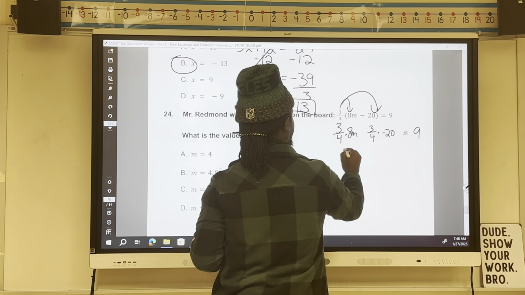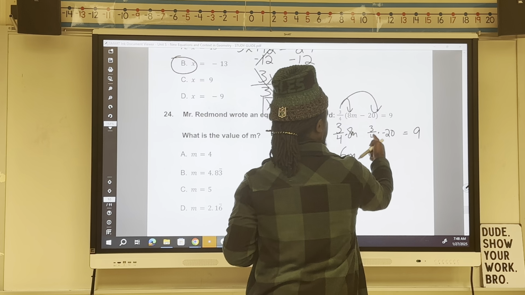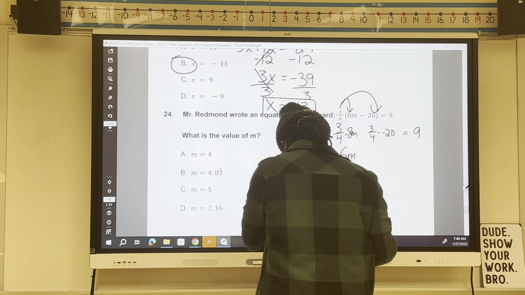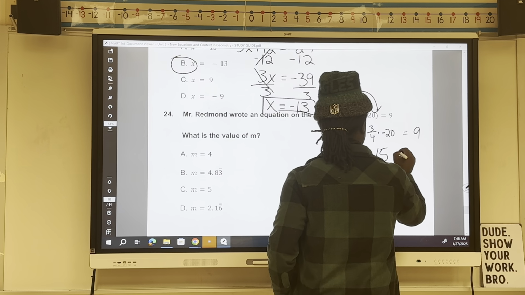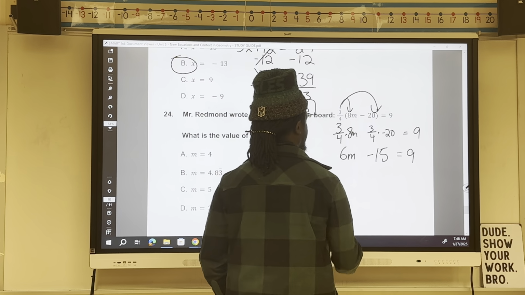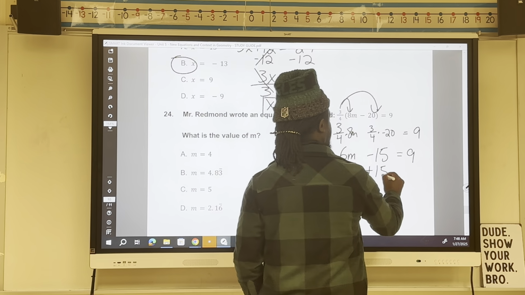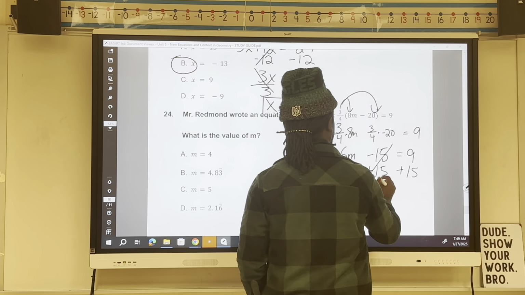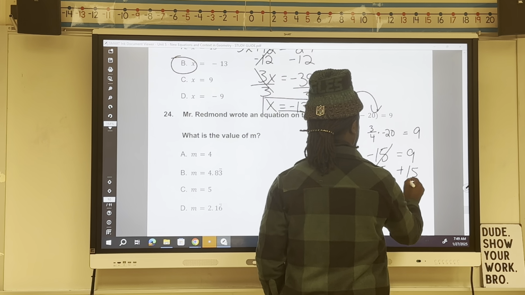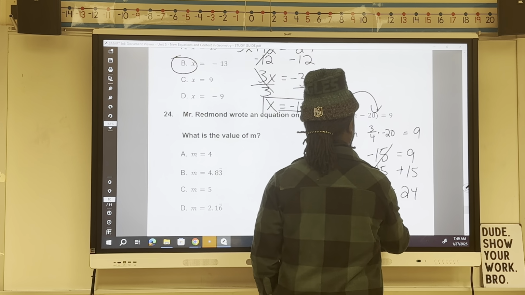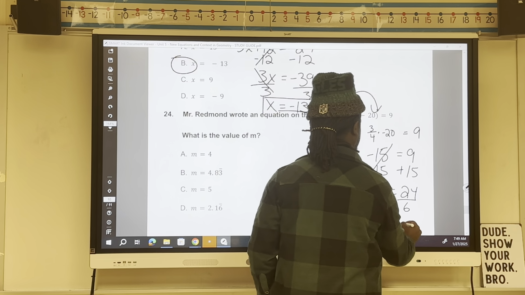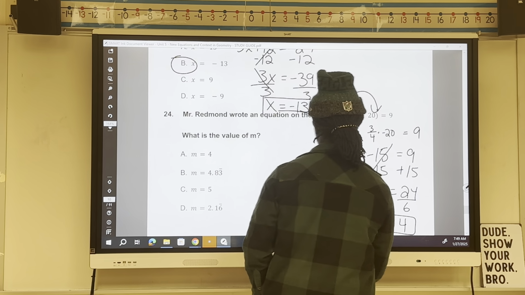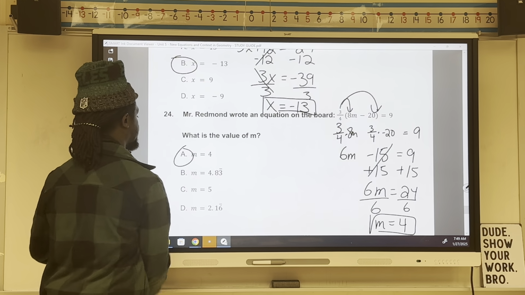When I multiply that, that gives me 6m minus 15 equals 9. All right. So then add 15. Those cancel. 6m equals 24. Divide by 6. m equals 4. All right. So the answer is 8.